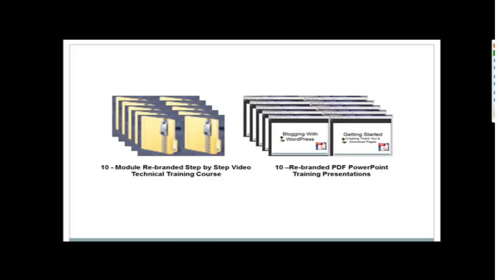Because there's so much different PLR out there nowadays, with new technologies, more and more people are releasing video products and selling private label rights to them. So if you happen to have video PLR, this is going to show you how to utilize it. And again, we're going to have a 10 module rebranded step-by-step video technical training course.